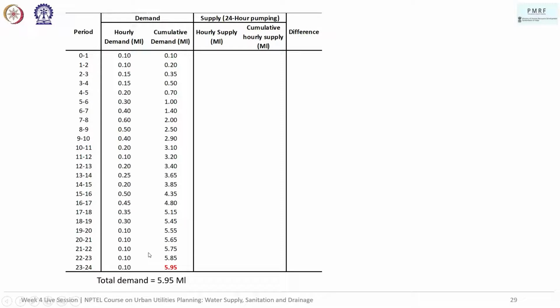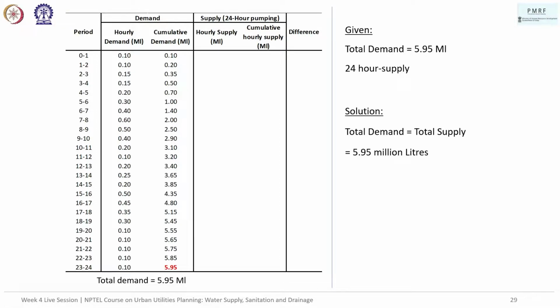So I figure out that the total demand is 5.95 and it's a 24-hour supply. So firstly, as Rahul had also pointed out, we equate total demand and total supply to be 5.95 million liters. But we will be supplying water for 24 hours. So the hourly supply will essentially be 5.95 divided by 24, the number of hours.